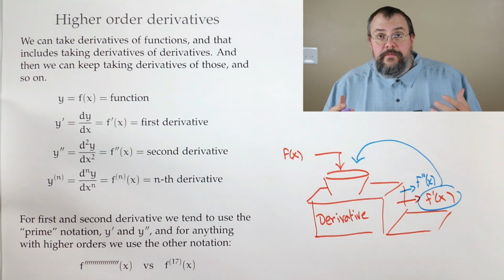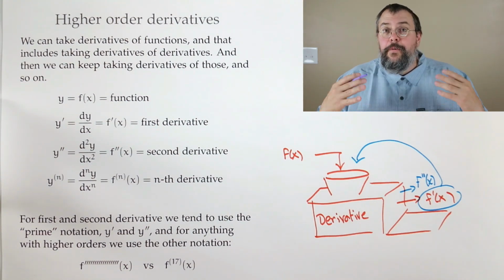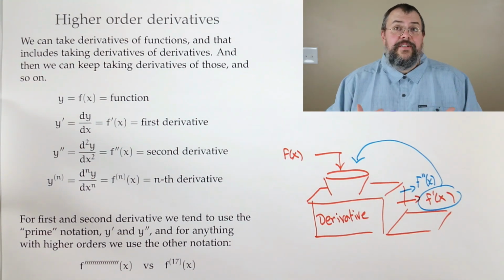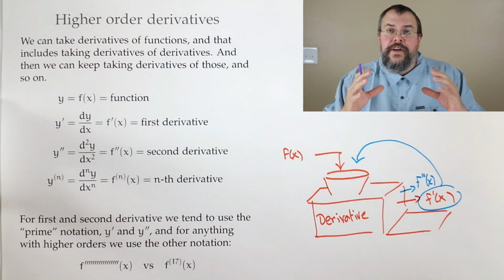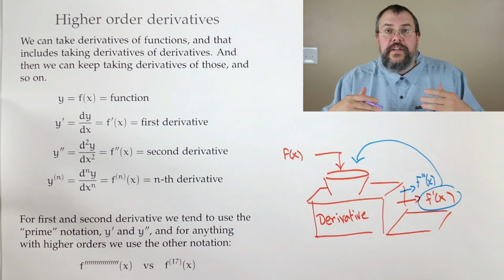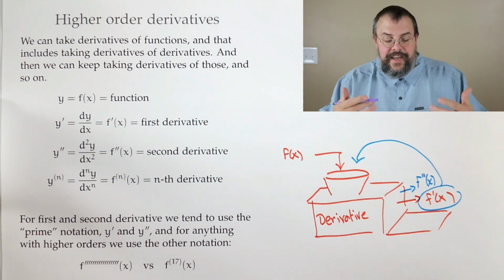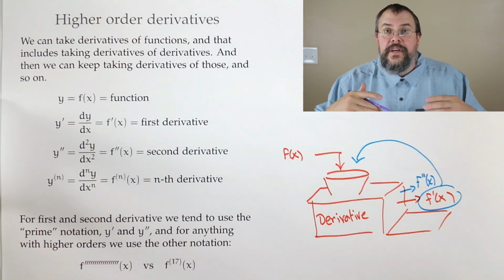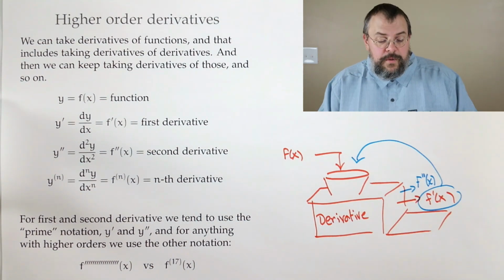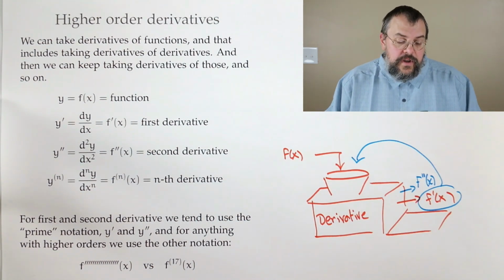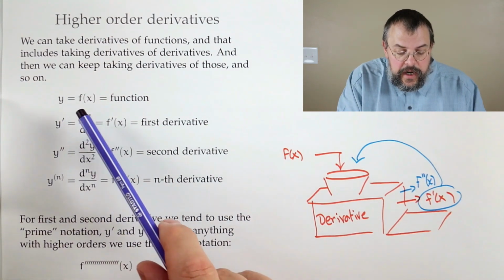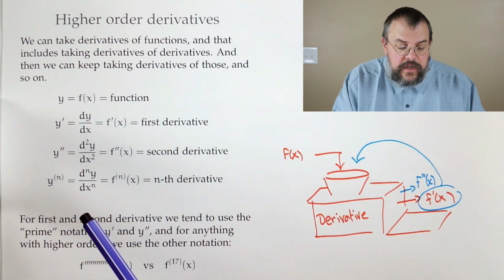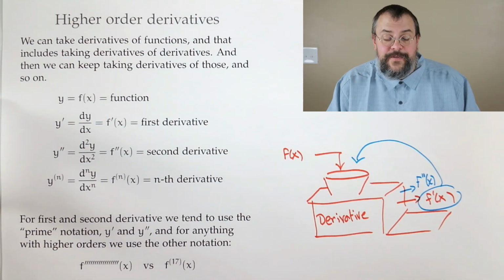Now, the basic thing we want to talk about for right now is what's the notation? The actual processes are the same, because if I know how to take the first derivative, then I can take any number of derivatives. I just keep applying the rules again and again and again. There's no need for new rules. It's just how many times do we need to take derivatives. So, notationally, if I have the function, I'll call it y or f of x, then here's some common notations you'll see for derivatives.